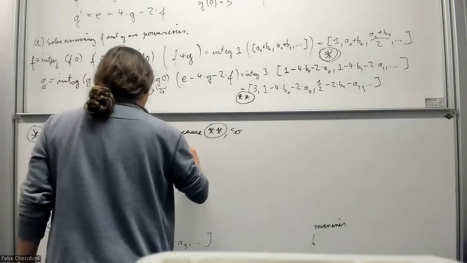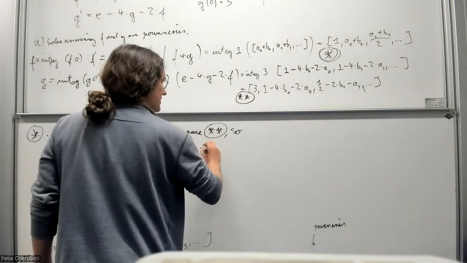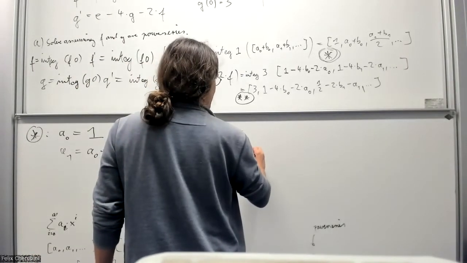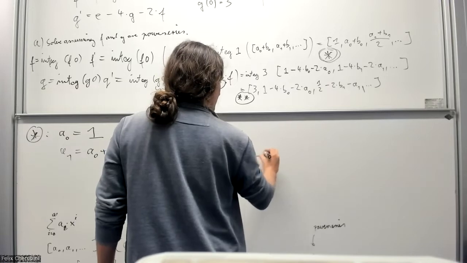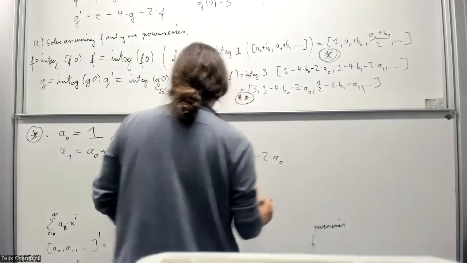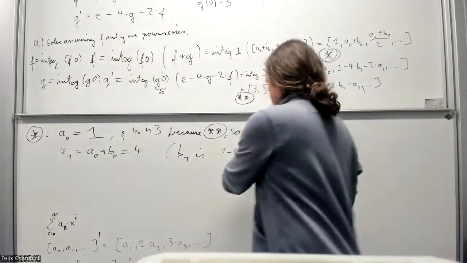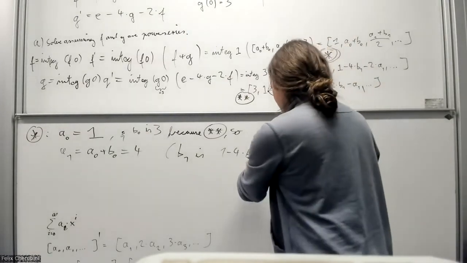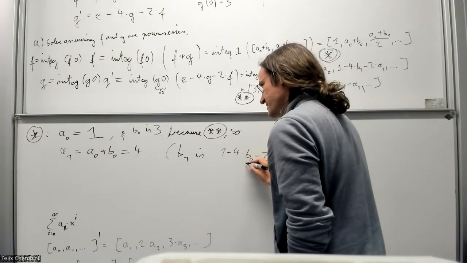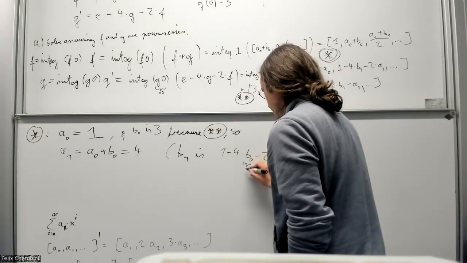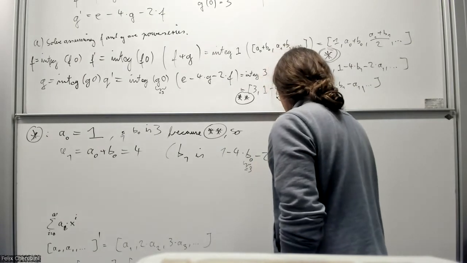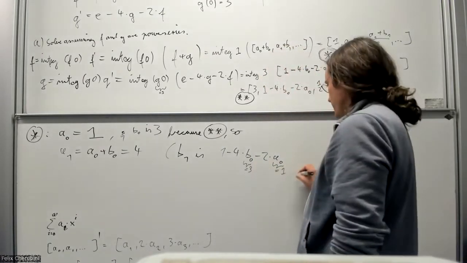So B1 is 1 minus 4 times B0 minus 2 times A0. We know both of these. Am I at the right place? Yes, I am. So what is B0 again? 3 and 6, and this is 1.